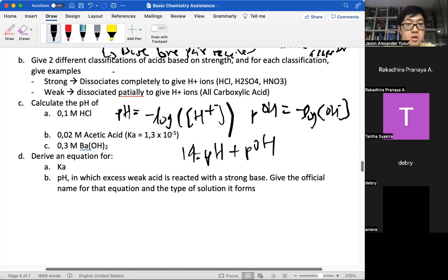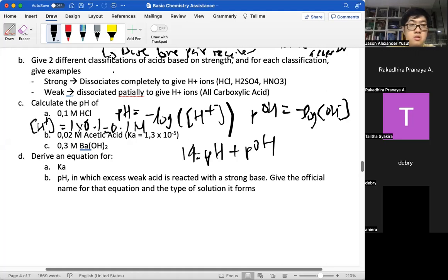Right. Since HCl is a strong acid, this is how we calculate the H plus. Look at the H. How many H's are there? 1, right? So 1 times 0.1, you get 0.1 molar. That's the concentration of the acid.